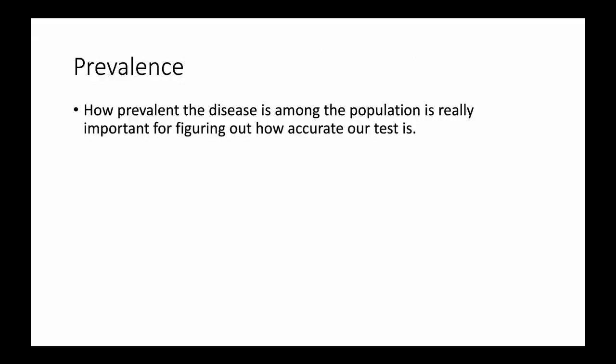Remember, we said it's 1% of the women that actually have cancer. That's the prevalence we're working with, and we're going to try to demonstrate to you in many different ways how important that 1% is in calculating the accuracy, the trueness of an initial positive report.